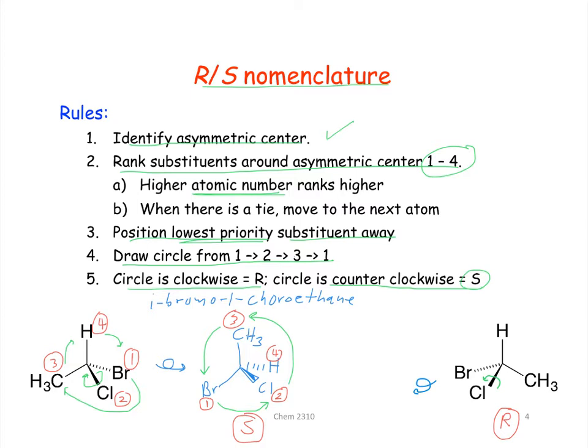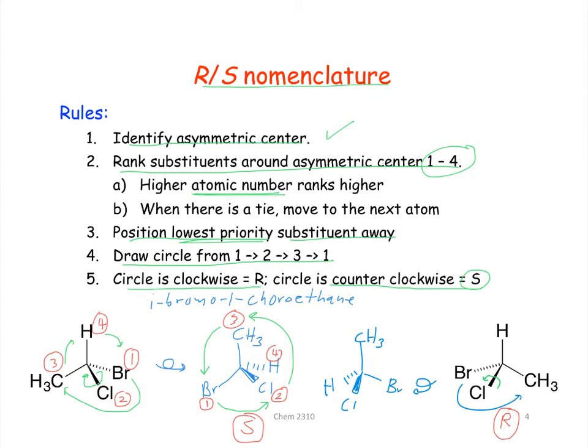Alright, so we're going to rotate number 4, the H, down to this position. Chlorine is going to stay in the same position because we're rotating around that bond. Okay, the CH3 rotates up on top, and the bromine rotates over to here.